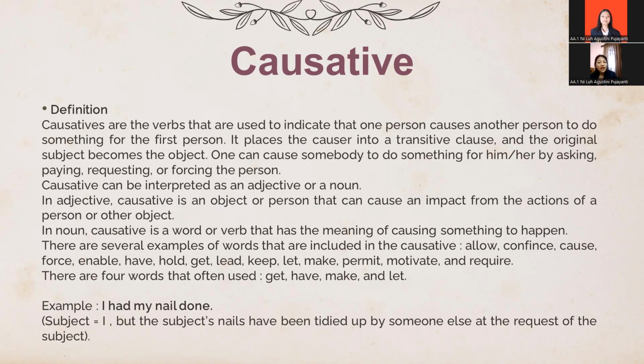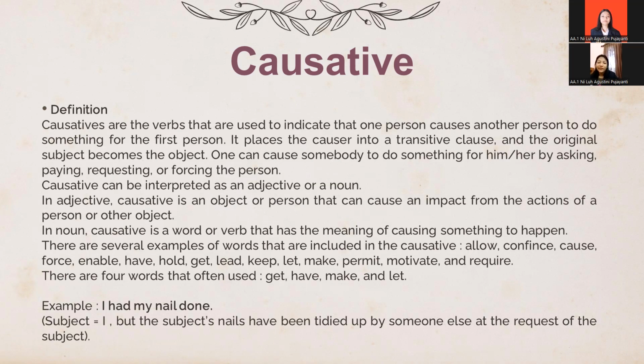So, there are several examples of words that are included in the causative: allow, convince, cause, force, enable, have, hold, get, lead, keep, let, make, permit, motivate, and require. Even though there are many words, there are only 4 verbs that are often used, namely get, have, make, and let.